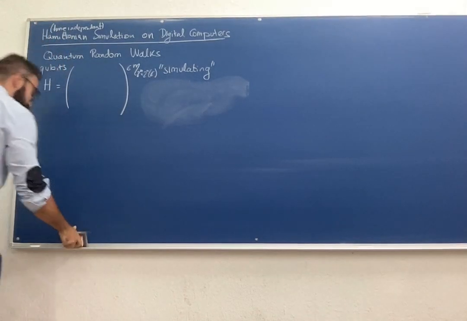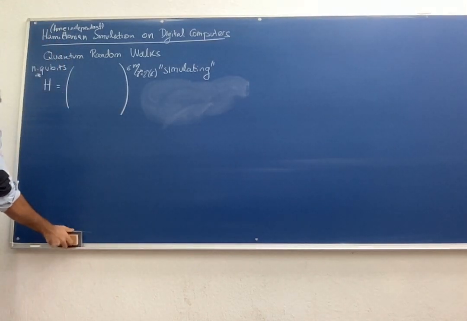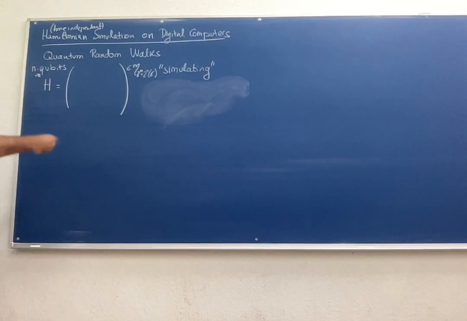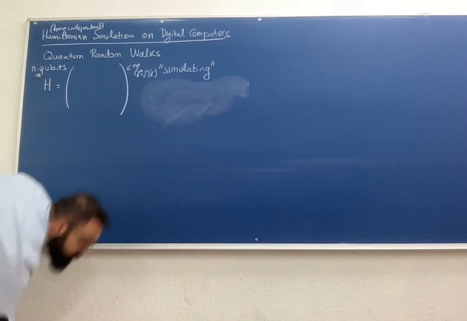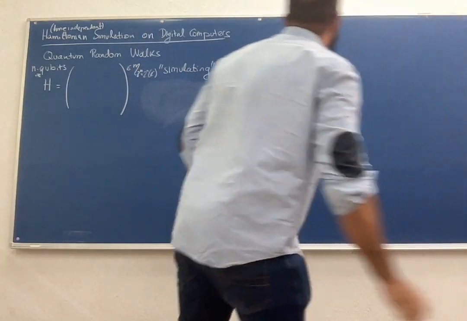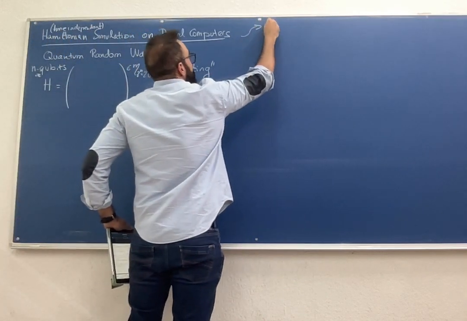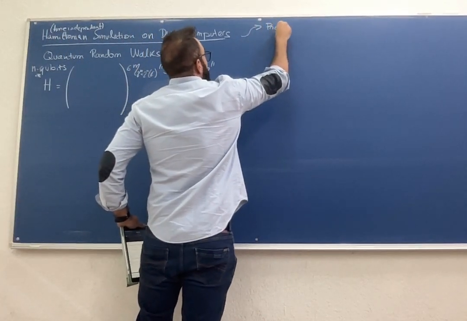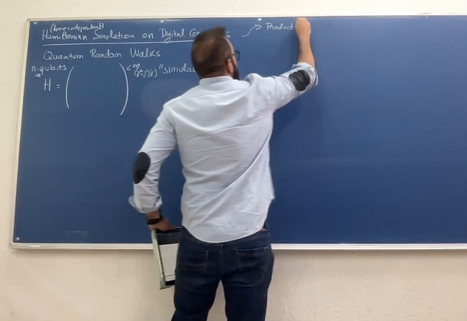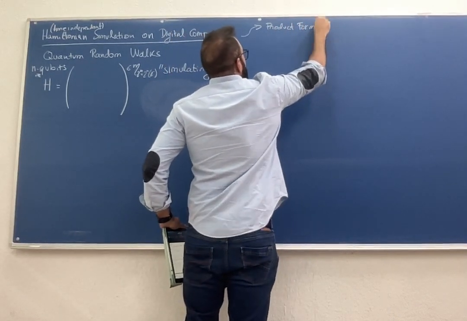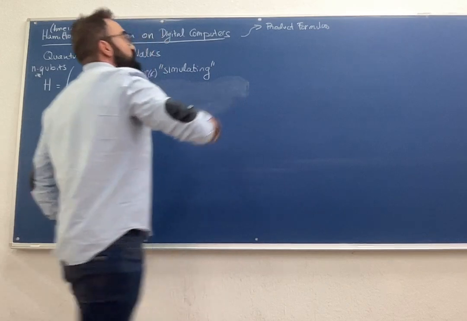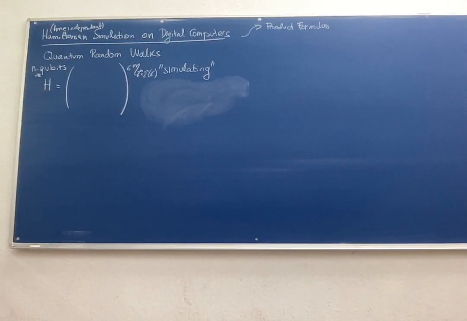Just to be clear with the notation, there are 3 different schools when simulating Hamiltonians. Roughly speaking, we have 3 branches. One of them is the product formulas. You may be familiar with product formulas as Trotter decomposition, Lie-Trotter decomposition.